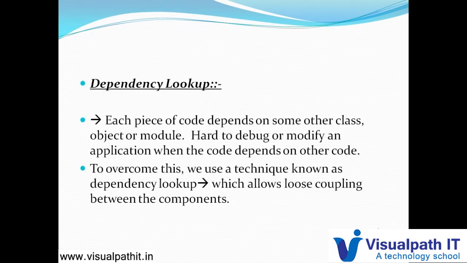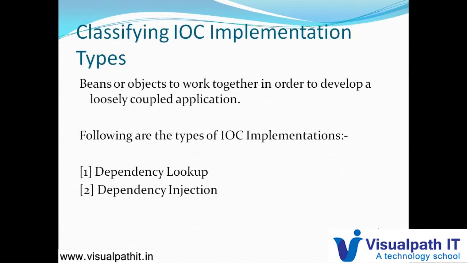What exactly is dependency injection? When an inversion of control container passes the dependent objects or beans to other objects or beans, that is, injecting them with the help of a constructor, a factory method, or through the properties within the Spring application, then it is known as dependency injection.